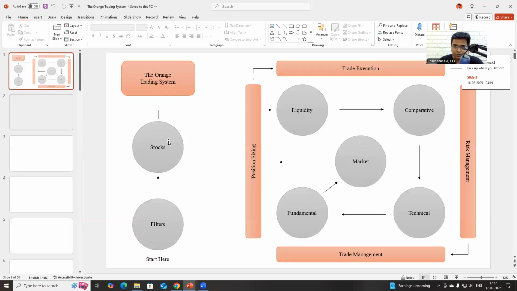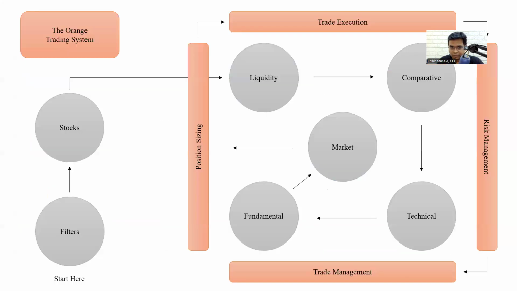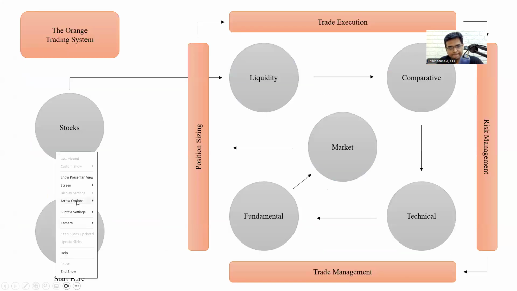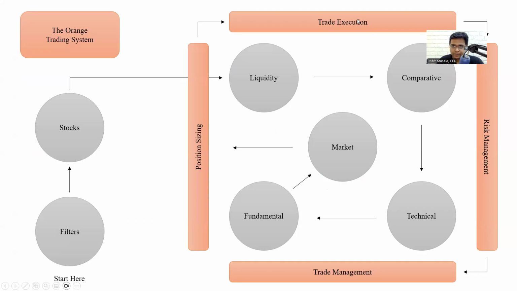What we have discussed today is the trade execution part. I have not discussed these gray circles. This is stock selection criteria. What you see in the middle, that's stock selection. Position sizing, risk management. What we have discussed today is trade execution.